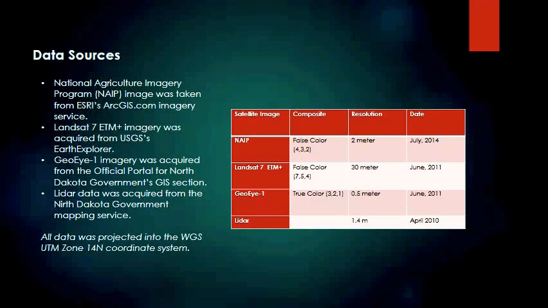The GOI and LiDAR data were acquired from the North Dakota government site that provides a mapping service for GIS and other related data. The data was then projected into the WGS UTM Zone 14 North coordinate system, all except for the LiDAR data, which resulted in some issues that I encountered.